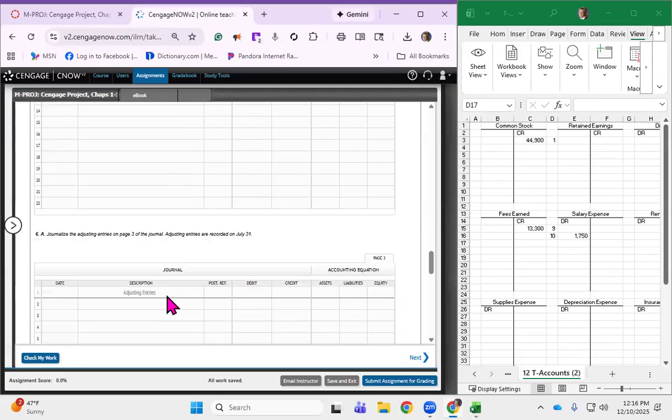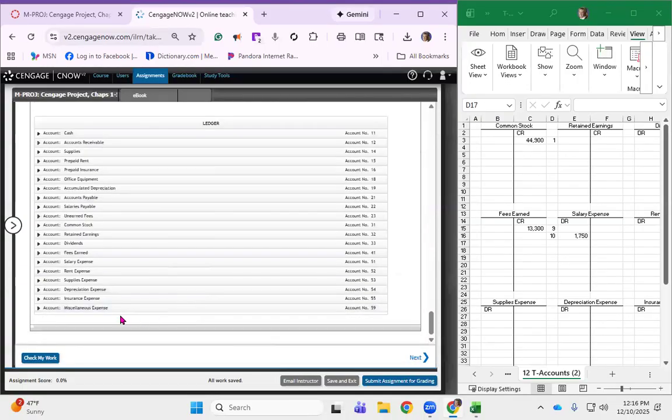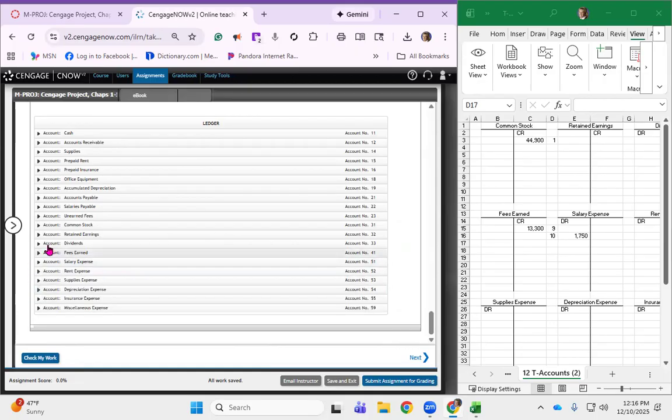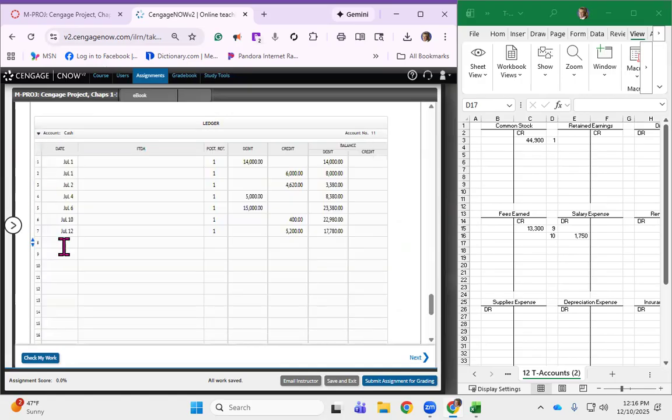So let's go down to the salary expense account. This should be our first entry. This is going to be July 14th, page 1, 1750. The new balance is 1750. And then we go to cash and make cash go down on July 14th, page 1, 1750. Now I've got to subtract.